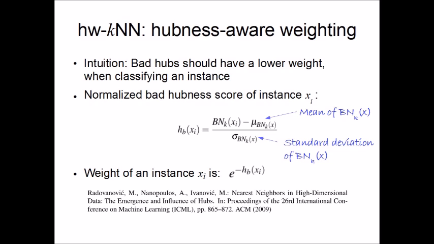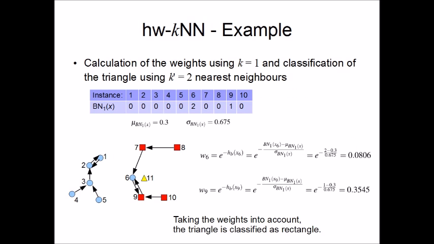In particular, we raise e to the negative power of this normalized bad Hwknn score. The next slide illustrates this classifier using a numeric example. At the top of the slide, you can see for each training instance how many times this instance appears as one of the bad k nearest neighbors of other instances.